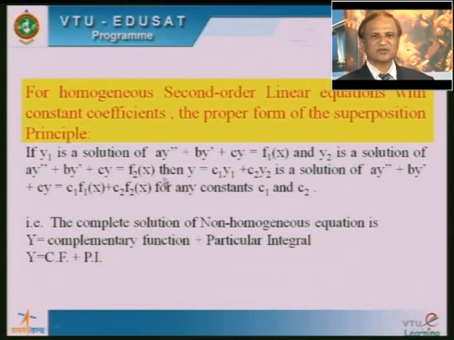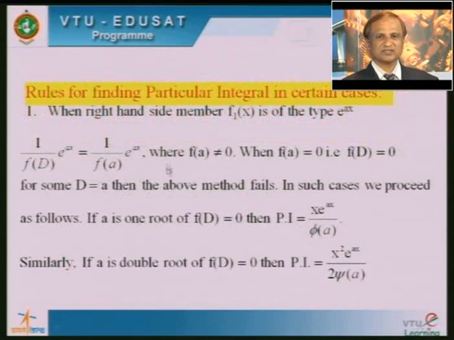Then y is equal to c1 y1 plus c2 y2 is a solution of a y double prime plus b y single prime plus c y is equal to c1 f1(x) plus c2 f2(x), where c1 and c2 are constants. So now we can use this concept to write the general solution of the given equation.